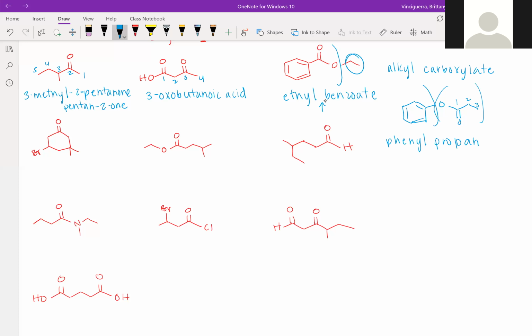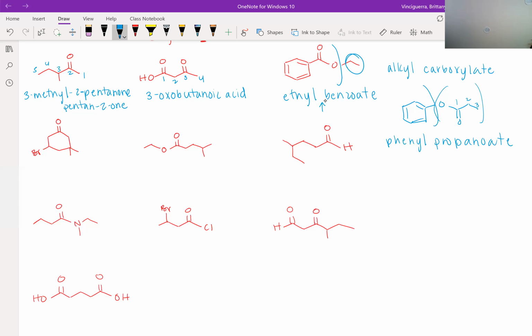Propyl carboxylate? Oh, propanoate. So you do count the carbon on the carboxylate. Propanoate.